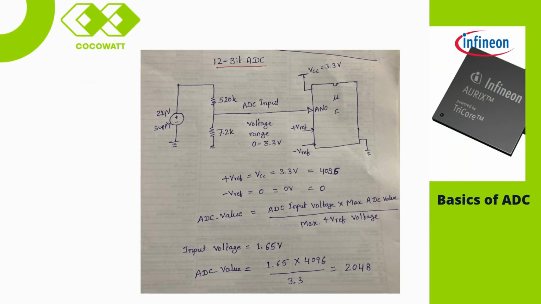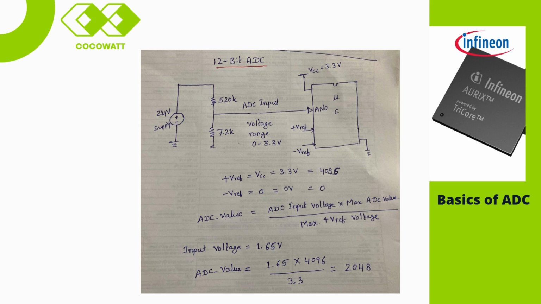For a 12-bit ADC, when the input voltage is 0, the ADC output will be 0. When the input voltage is 3.3 volts, the ADC output will be 4096. This is because a 12-bit ADC has 2 to the power of 12, or 4096, discrete steps.